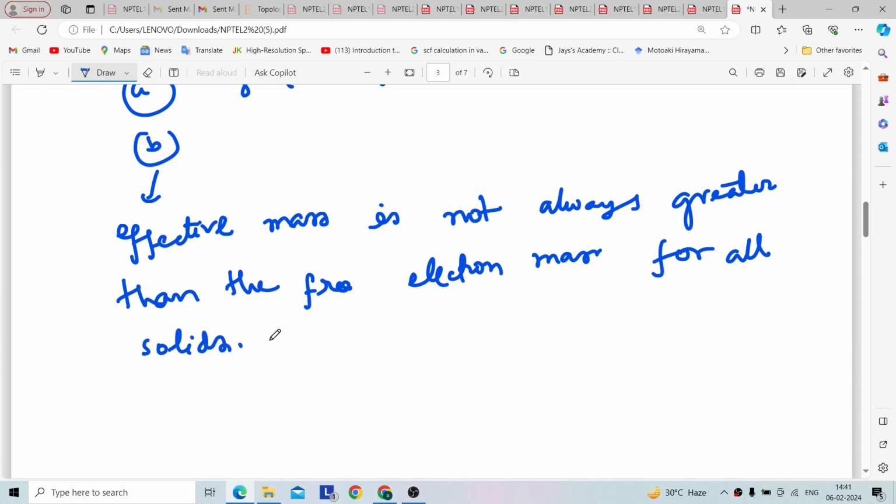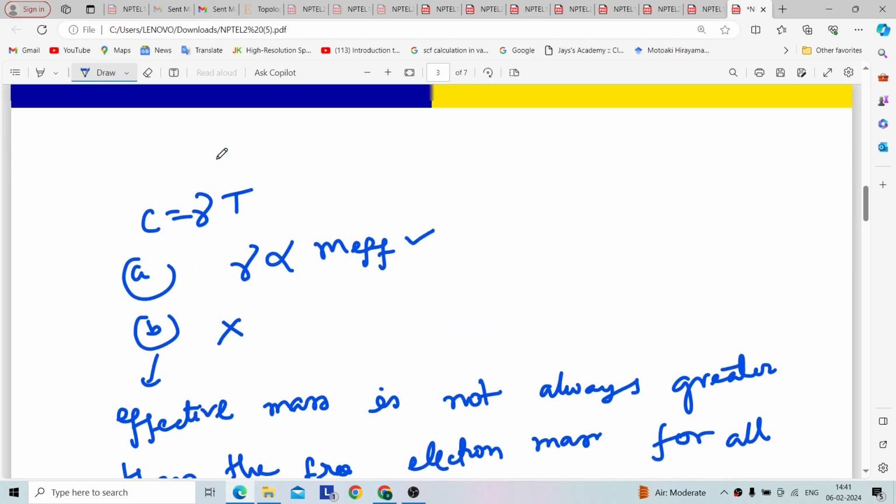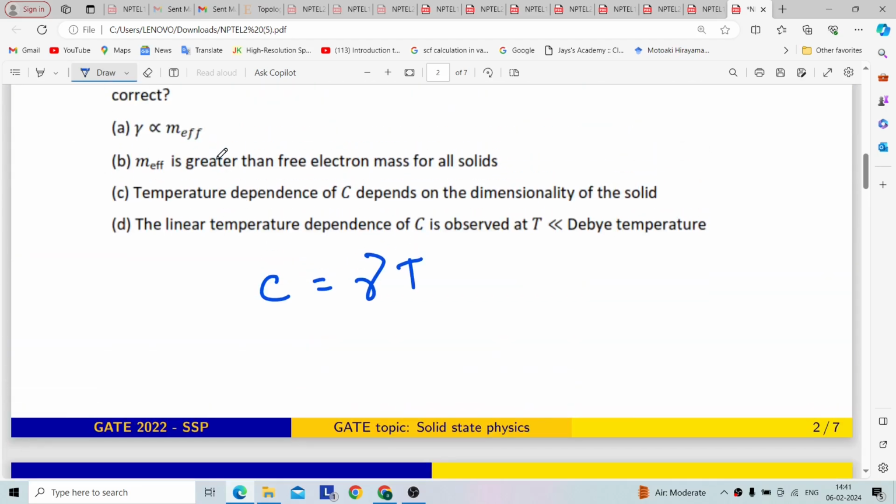So that means option B is not correct, because it says that M effective is greater than free electron mass for all solids, but it is not always true.